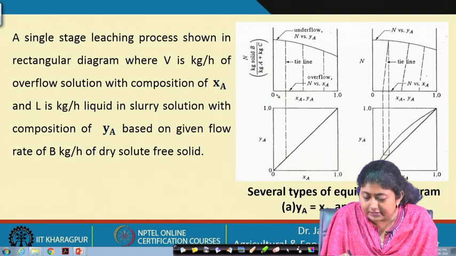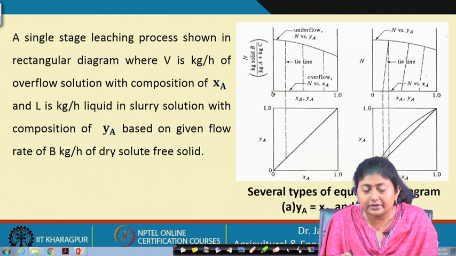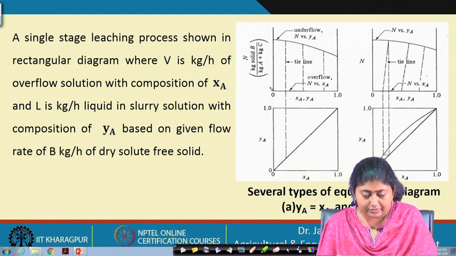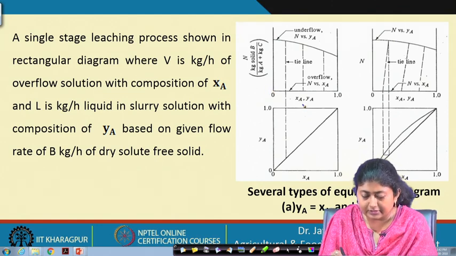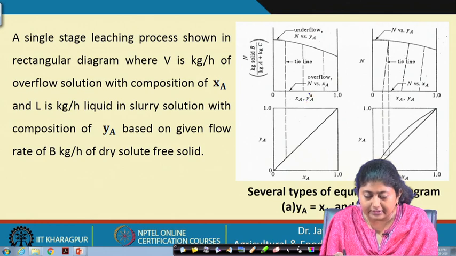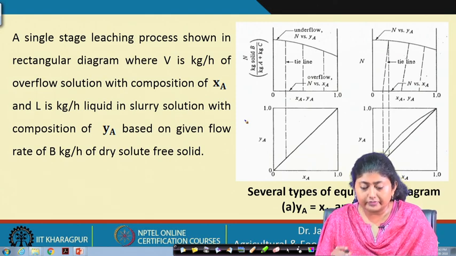The bottom x-axis represents N versus X A. Initially, N means the concentration of the inert solid in the total slurry, that is kg of A by kg of C. The concentration of the solute is Y A and X A, that is the concentration of the solute in the solvent stream.